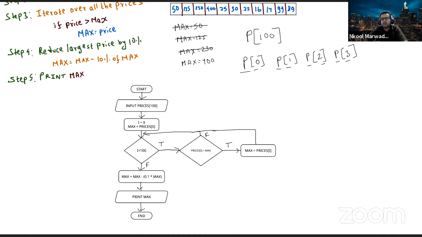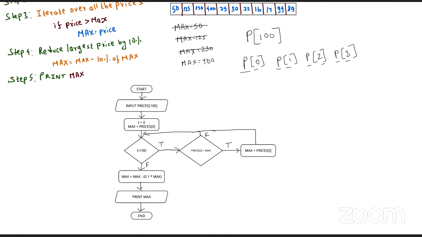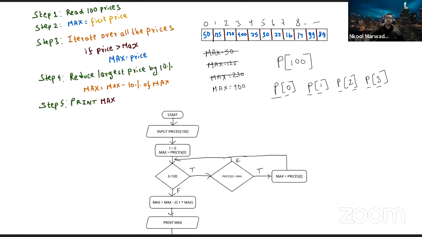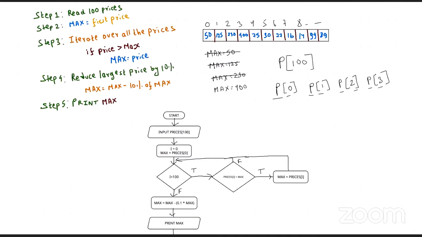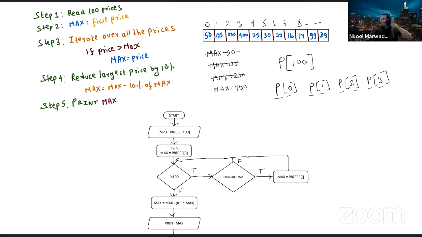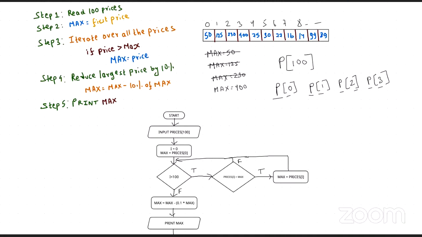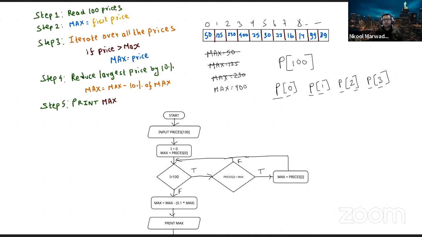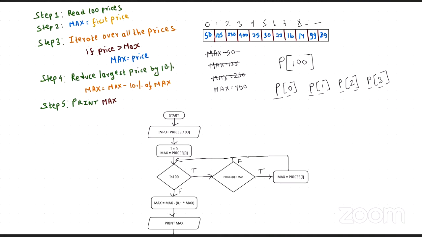Now please tell. Sir, in step number 3, the if statement is checking each price separately. So when we have 100 values, is that efficient? You are asking whether this algorithm is efficient or not. Yes, sir, because we are running the loop 100 times.